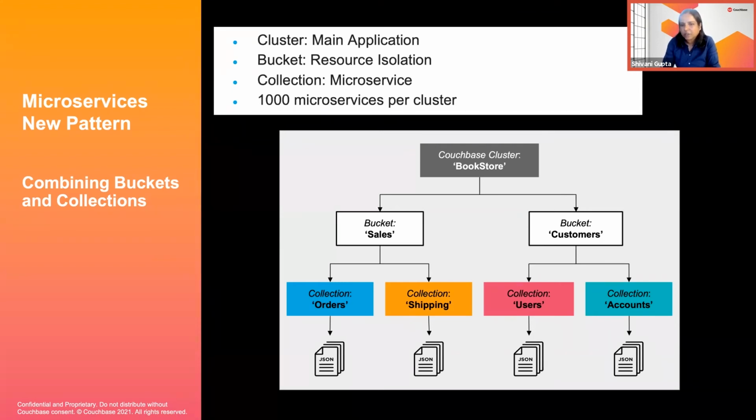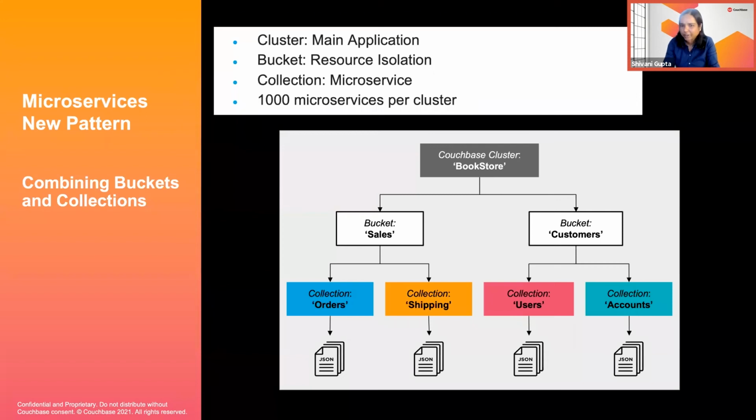So if it turns out that in your architecture some of the microservices are more heavily utilized than others, let's say orders and shipping are more heavily utilized than the users and accounts microservices, which have more intermittent activity, you may want to create a separate bucket for the orders and shipping application, let's say it's called sales, and another bucket for the users and accounts collections, say it's called customers.